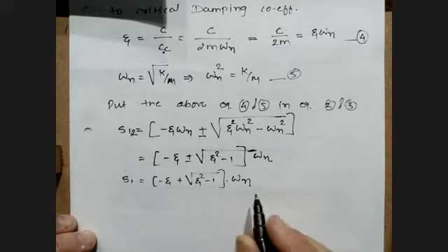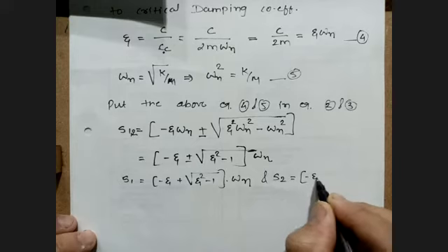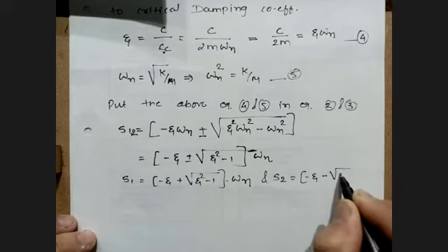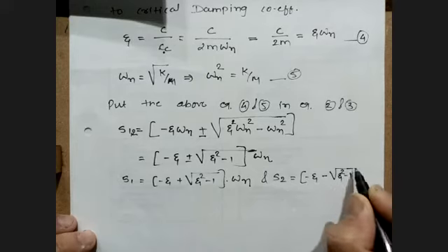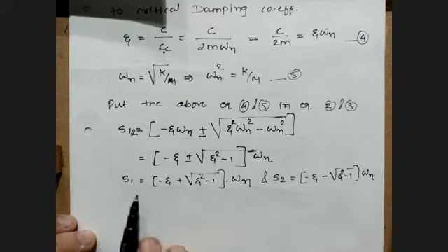This is my roots S1 and S2. So S1 is equal to minus zeta plus the square root of zeta square minus 1, into omega n. And S2 is equal to minus zeta minus the square root of zeta square minus 1, into omega n. These are my two roots, S1 and S2.